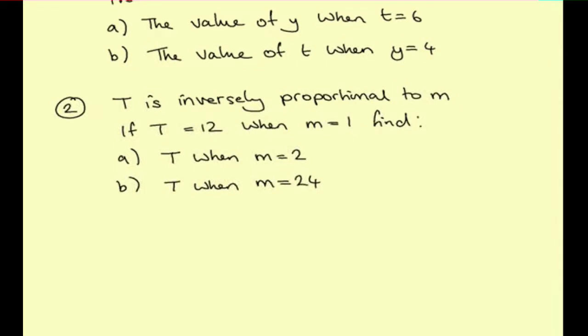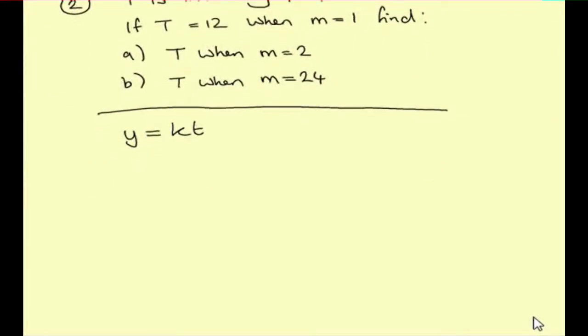Okay then, so let's go through the quiz. Let's start off by looking at the answer to the first one. We're told y is equal to kt, so y is directly proportional to t. We're told that y is equal to 6 when t is equal to 4. So we need to start off by finding the constant of proportionality.